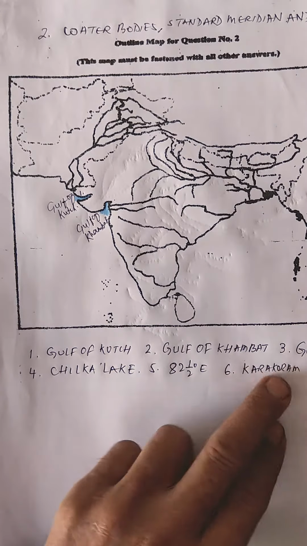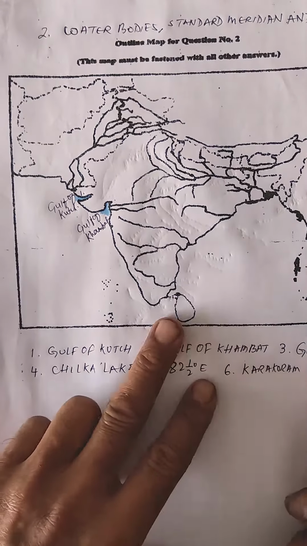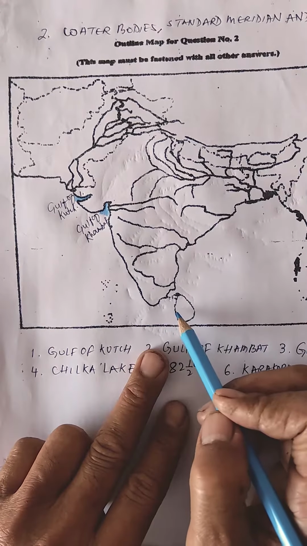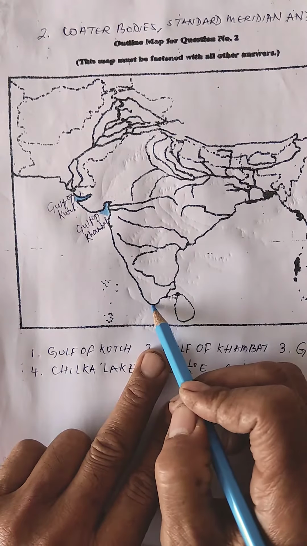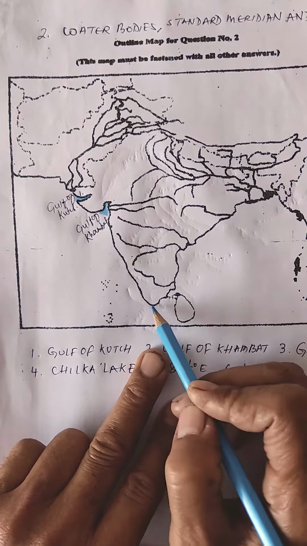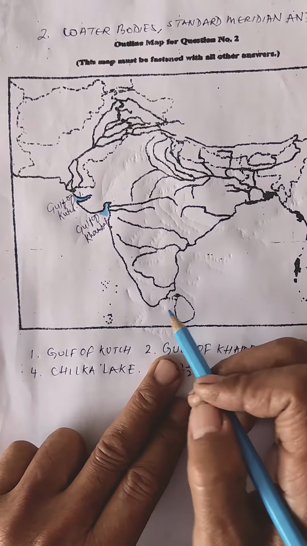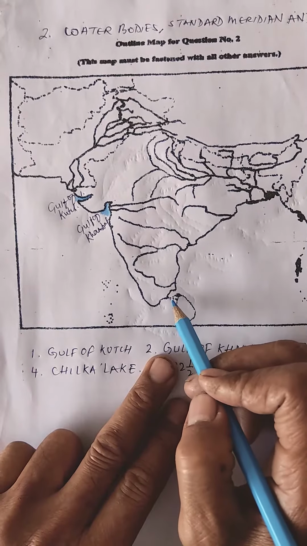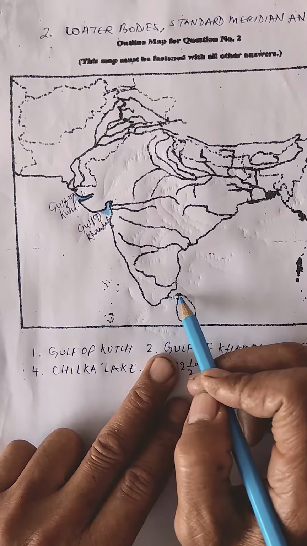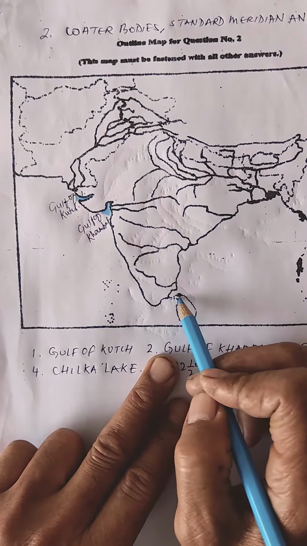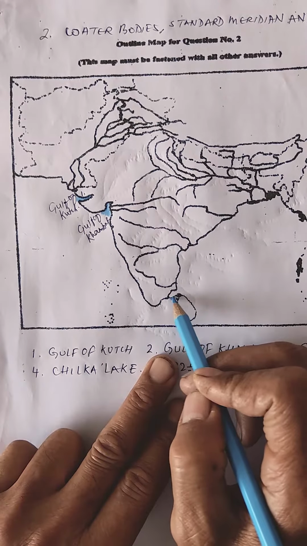Okay. Number 3 is Gulf of Mannar. Gulf of Mannar is here. This is Sri Lanka. This is the tip of the Indian Peninsula, Kanyakumari. One very important point: there is a chain of small islands, Adam's Bridge we call it, and you should not touch this one.